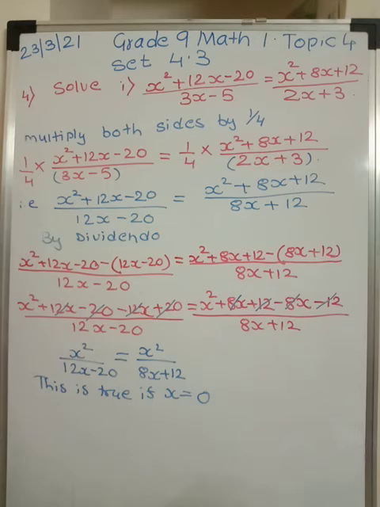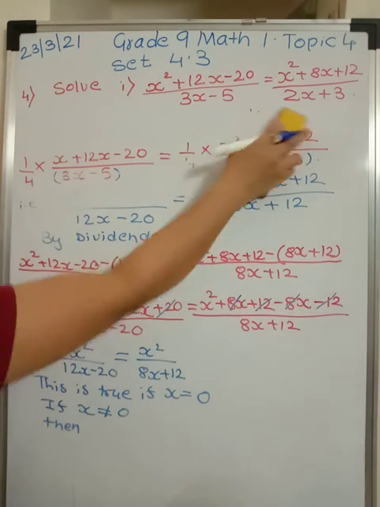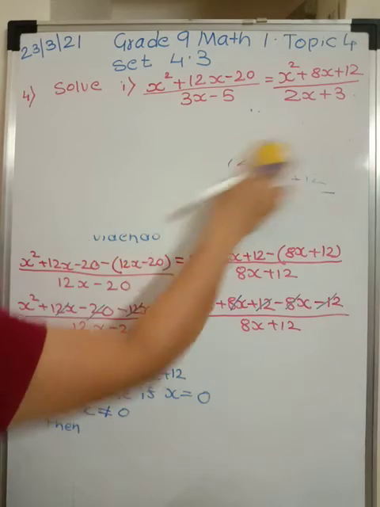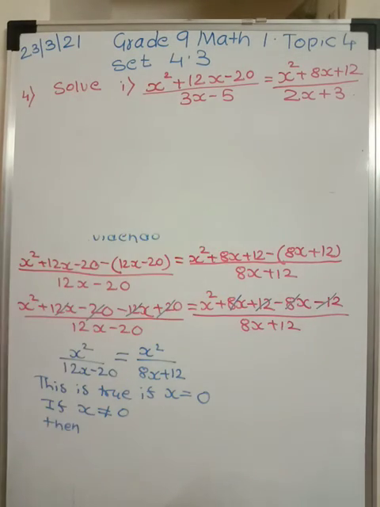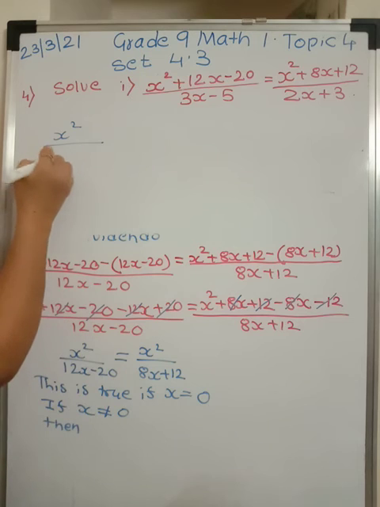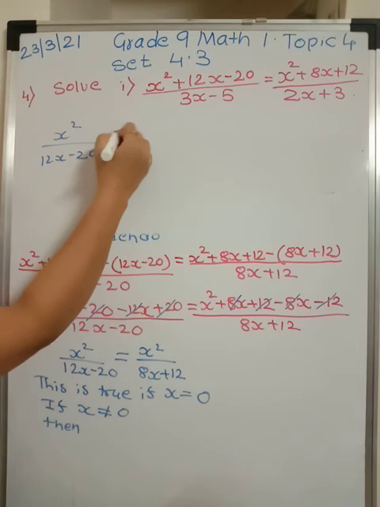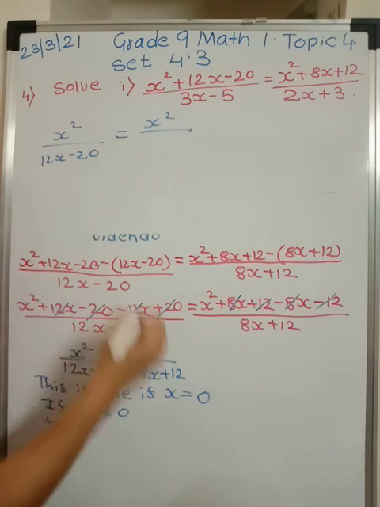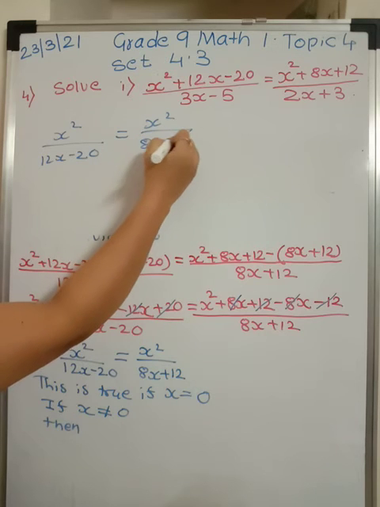So one value of x we got, but x cannot be only 0, no? If x is not equal to 0, then what do we have? I am just writing it above, just see now. If x is not equal to 0, we are going to have x² upon 12x - 20 equal to x² upon 8x + 12.